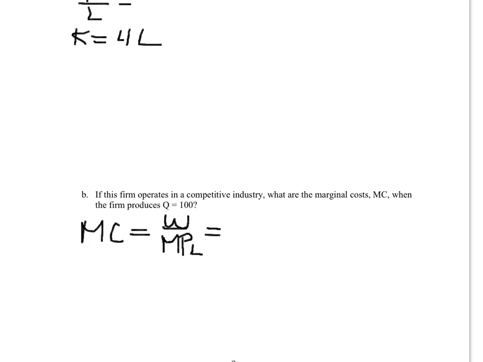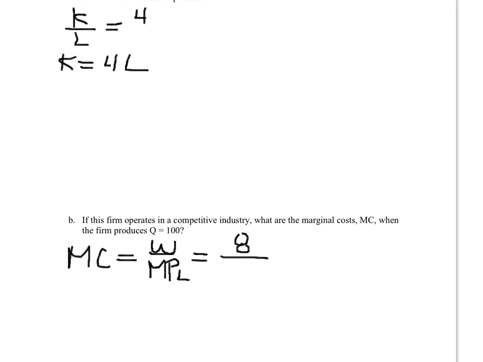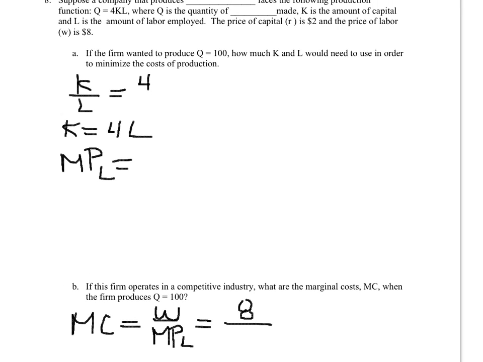So the W is 8, and the marginal product of labor we can calculate here. So the marginal product of labor is going to be, where's the equation? Here's the equation. Awesome. Here we go.